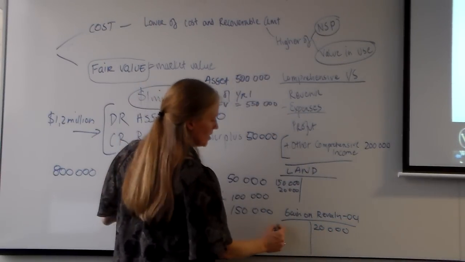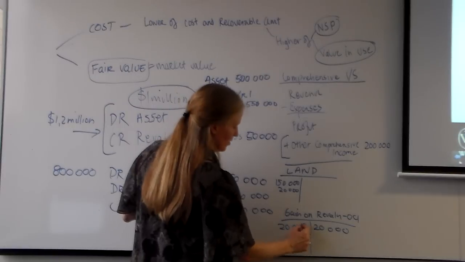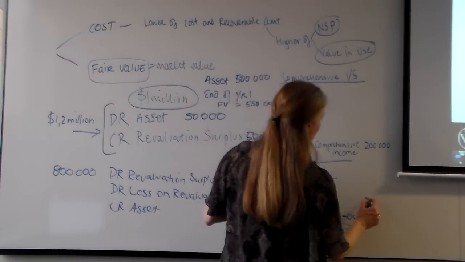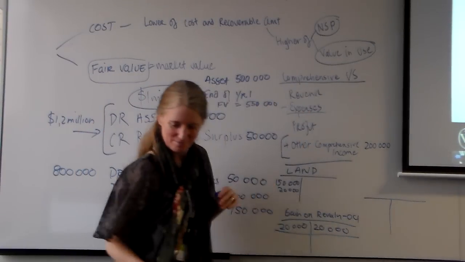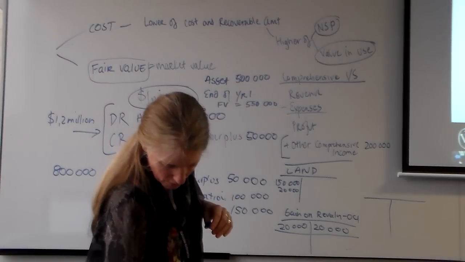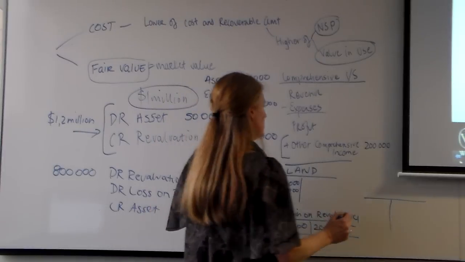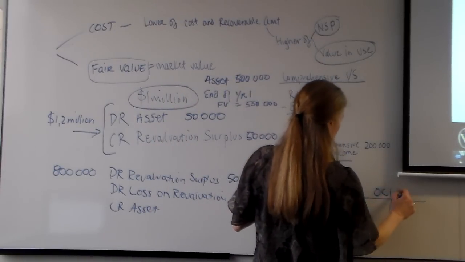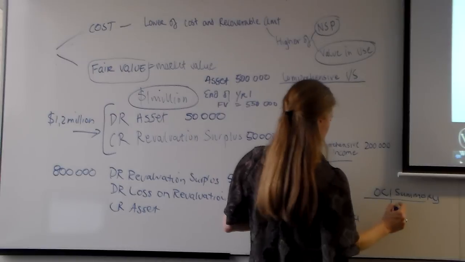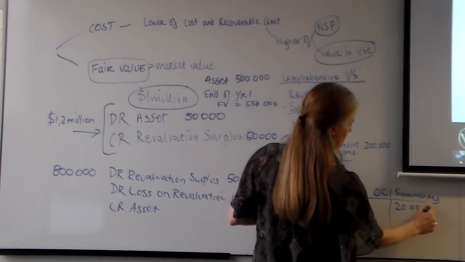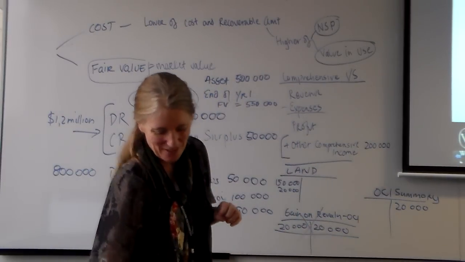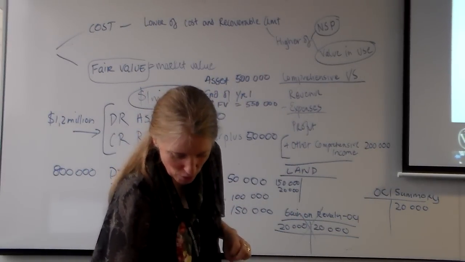They've then debited this account, so that's been ignored, and they have credited other comprehensive income summary. Right, so we got rid of that. They've basically done what I've done, but in a lot more journal entries.